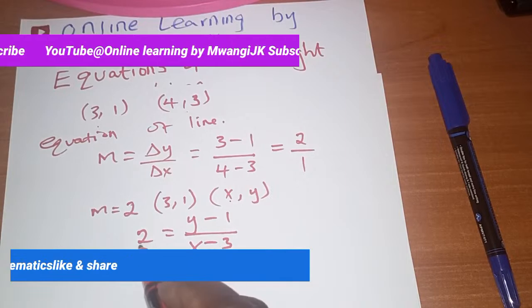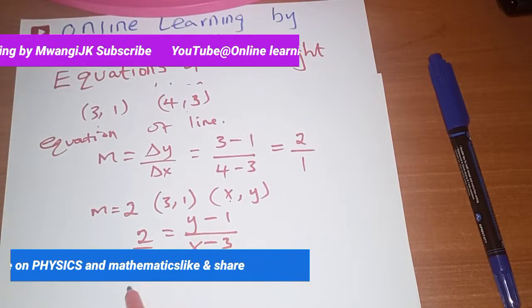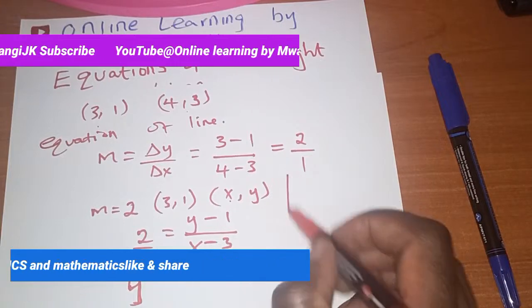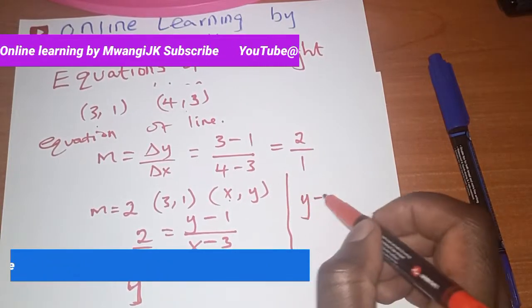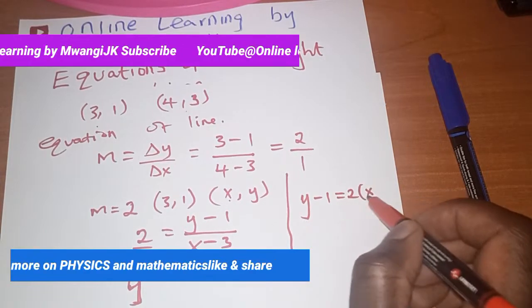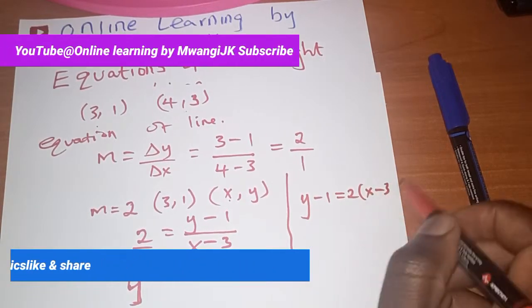Then I cross multiply, and I have y minus 1 is equal to 2 into x minus 3.